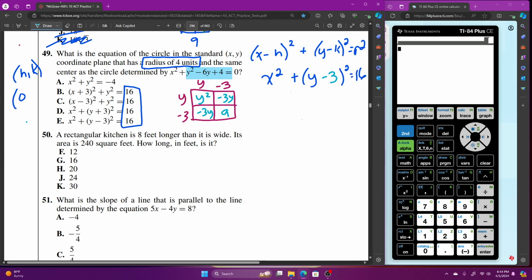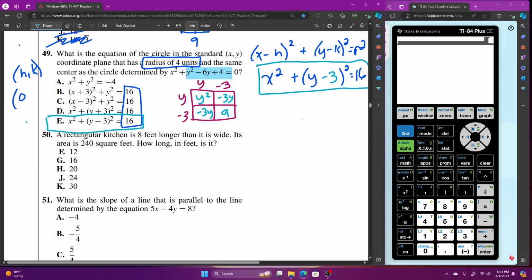And it doesn't matter that this equation here, like it's not a perfect match, right? That has a 4 instead of a 9. It's fine. No worries. This is our answer right here. X squared plus y minus 3 squared equals 16. Answer choice E.